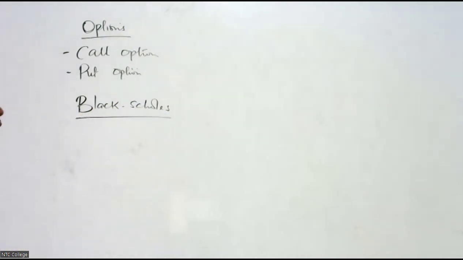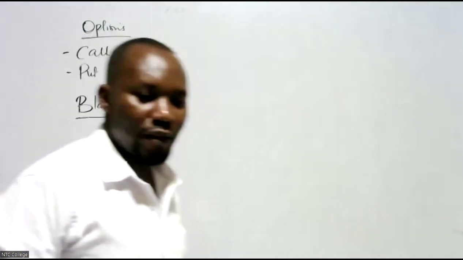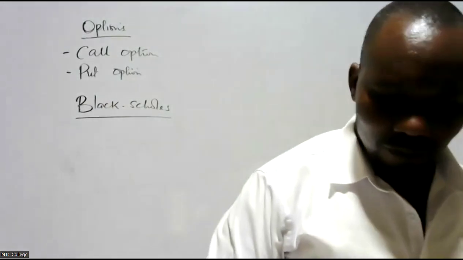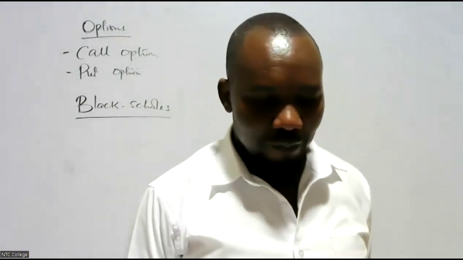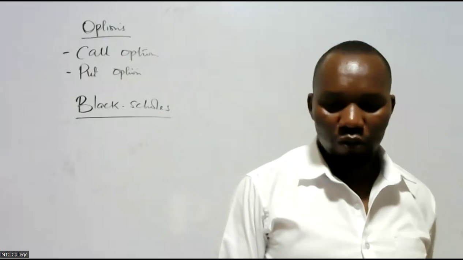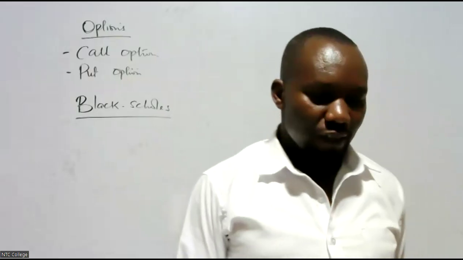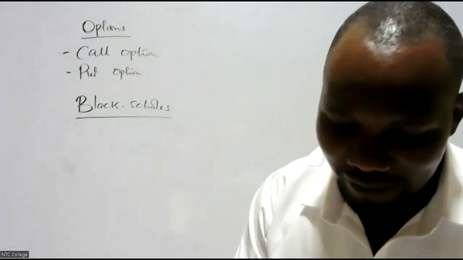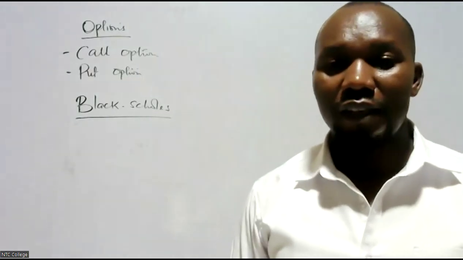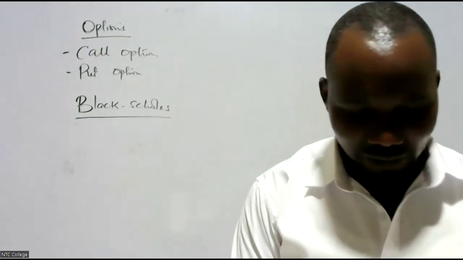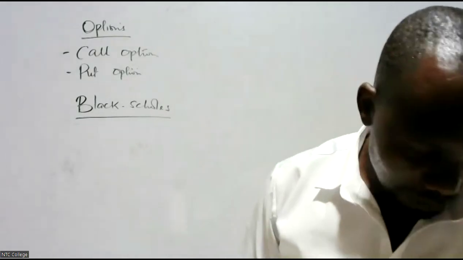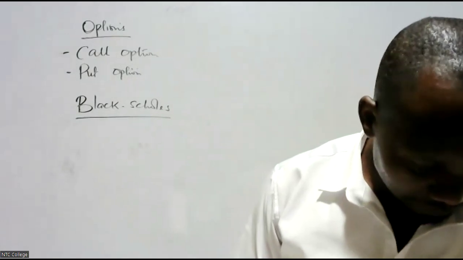So the Black-Scholes model is what is used to value call options and put options. Now the formulas that we will be using are quite complicated, but you have to understand them. The good thing is that in exam, they normally give you the formulas. So I want to just write them down.